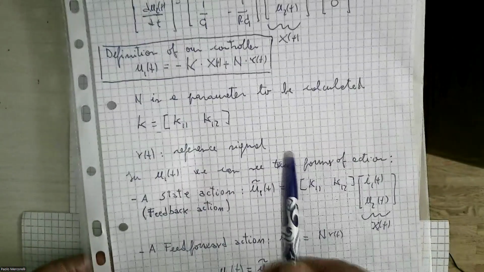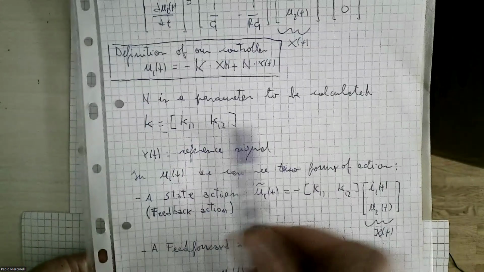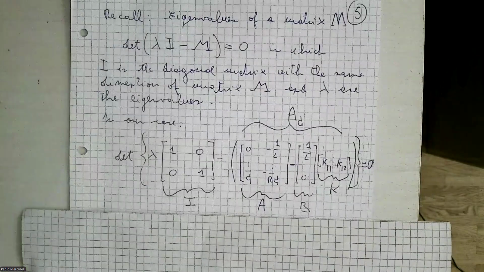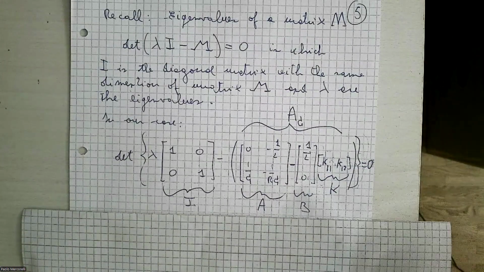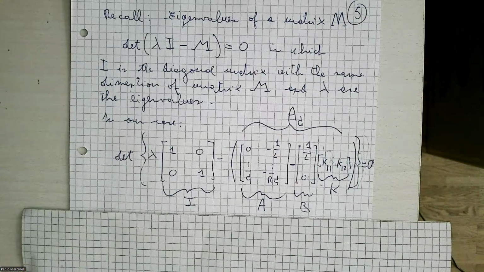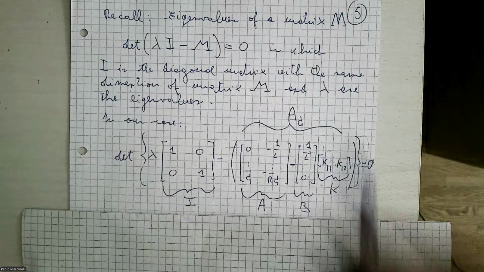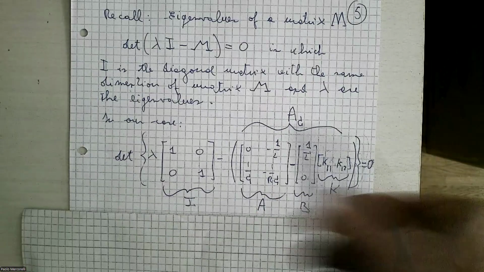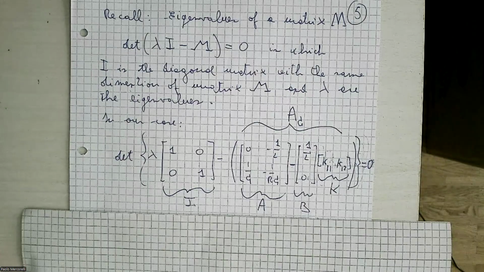B is 1 divided by L, 0. We have seen that today. This means AC formally consists of this structure.